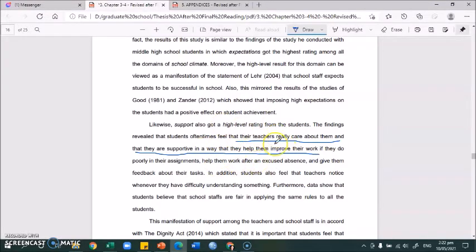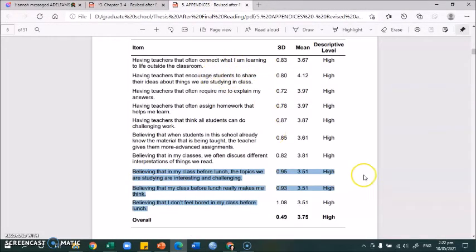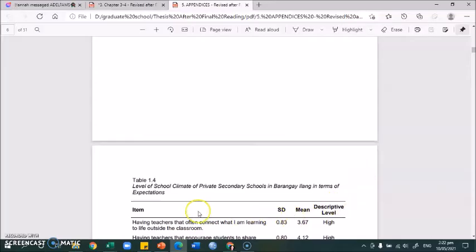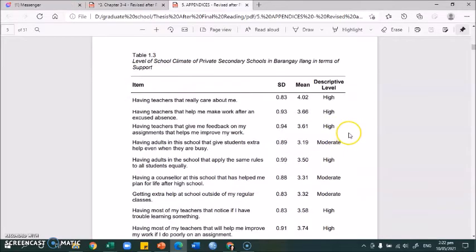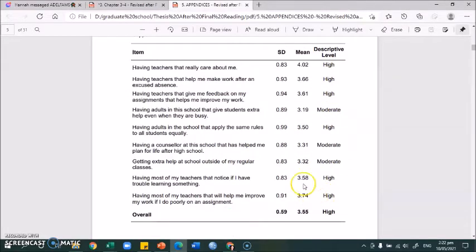So, eto galing ito dun sa items sa questionnaires or sa items dun sa appended table. Tingnan natin. So, support yan. Punta tayo sa appendices. Ito yung sa expectations. Hanapin natin yung support. Ito yung support nasa table 1.3. Hanapin natin yung highest. Okay, so that's 402. Kasi highest to lowest, diba?